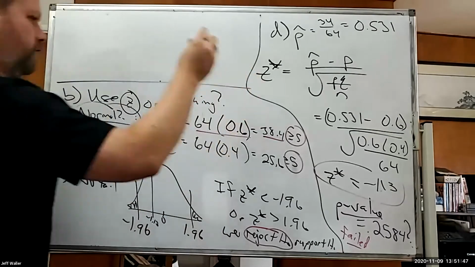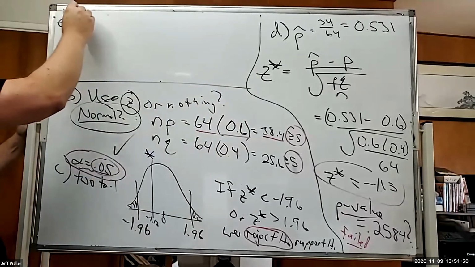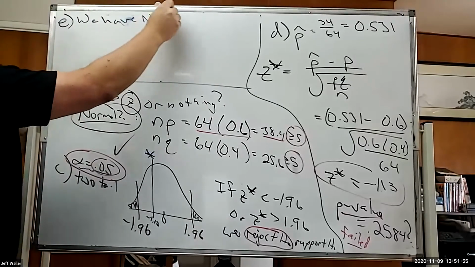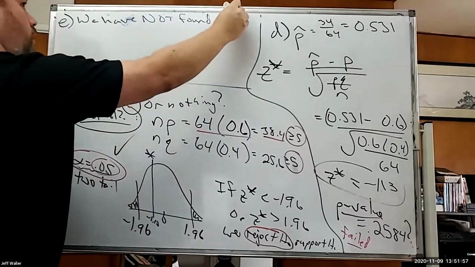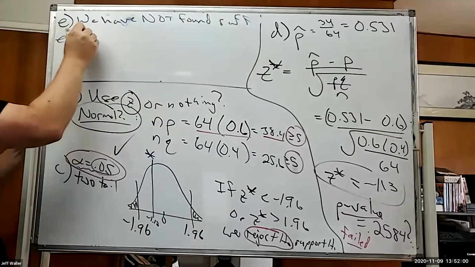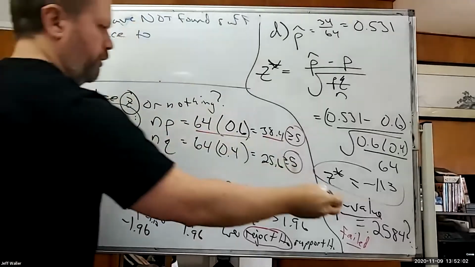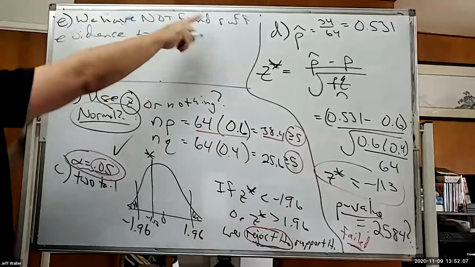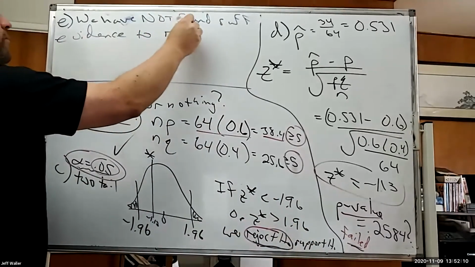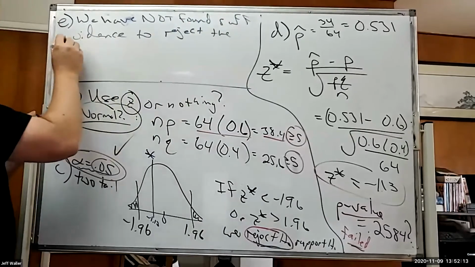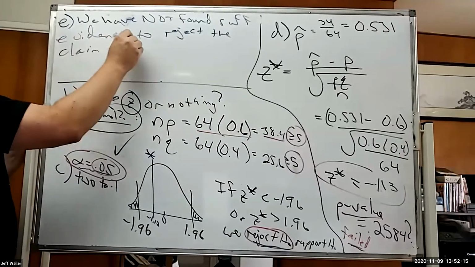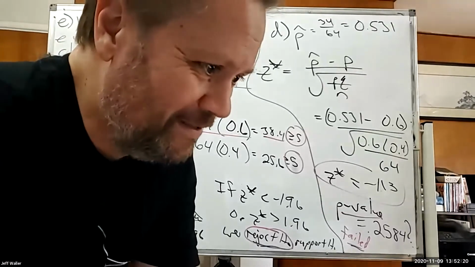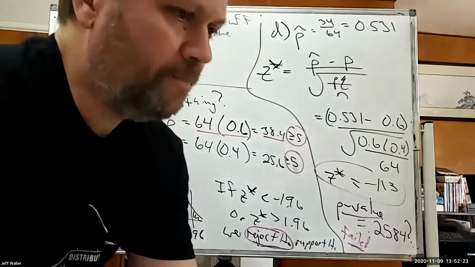All right. So finally, step E, we have not found sufficient evidence to, and remember, we're using the reject language, failed to reject. We have not found sufficient evidence to reject the claim that, oh yeah, that's right, the enrichment thing.